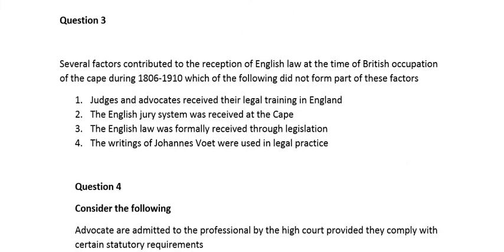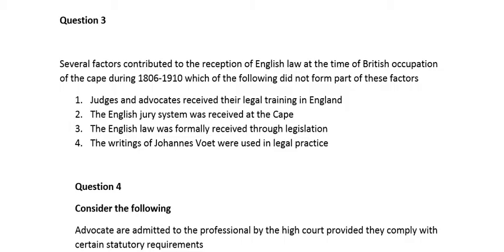Question 3. Several factors contributed to the reception of English law at the time of the British occupation of the Cape during 1806 to 1910. Which of the following did not form part of these factors? Number 1, judges and advocates received their legal training in England. Number 2, the English jury system was received at the Cape. Number 3, the English law was formally received through legislation.